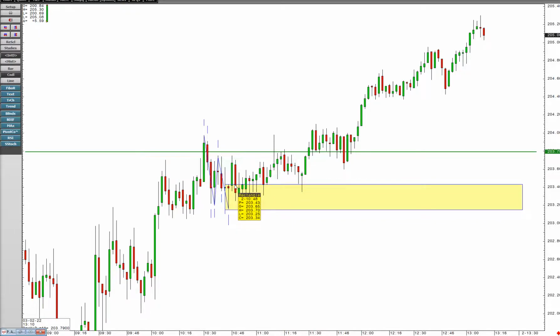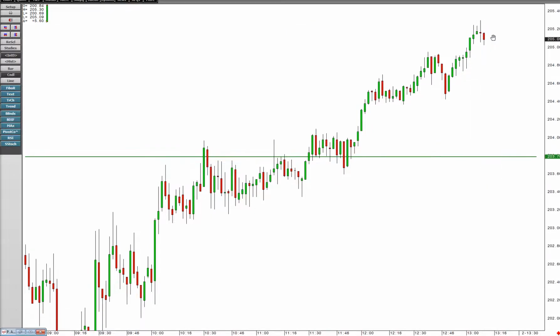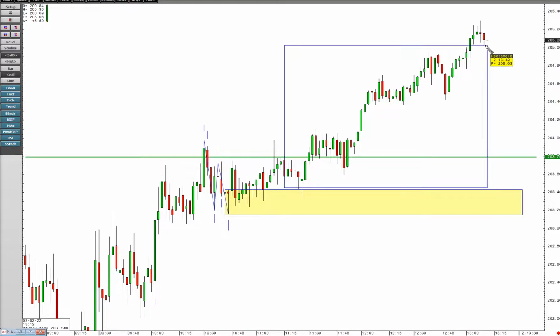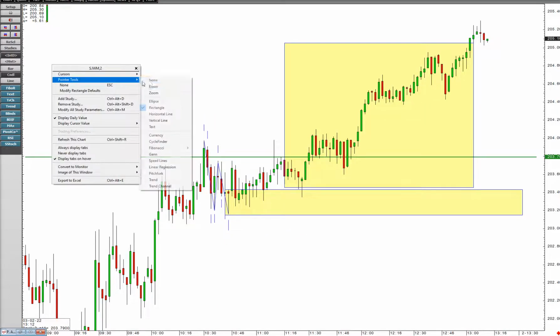So basically have made 6 times our risk up to 205.05, which would have been on this bar over here, this 1:02 p.m. bar. And this is how we do it, rinse and repeat.